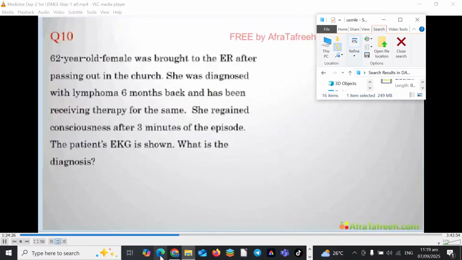When you have, in the question stem, a condition which does not directly result in tachycardia, then you can think of a supraventricular tachycardia. That is all the point I was trying to make.